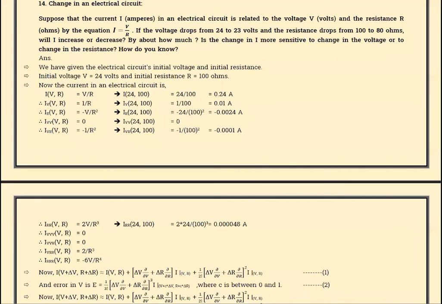Thank you. Now, in this question, we have to measure the change in I when we drop the voltage from 24 to 23 volts and resistance drops from 100 to 80 ohms. And we also have to measure which variable I is more sensitive to.